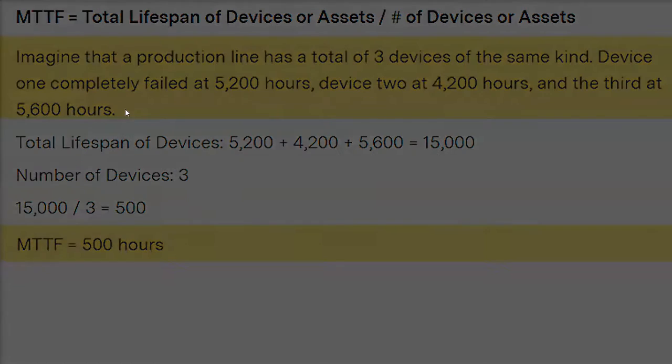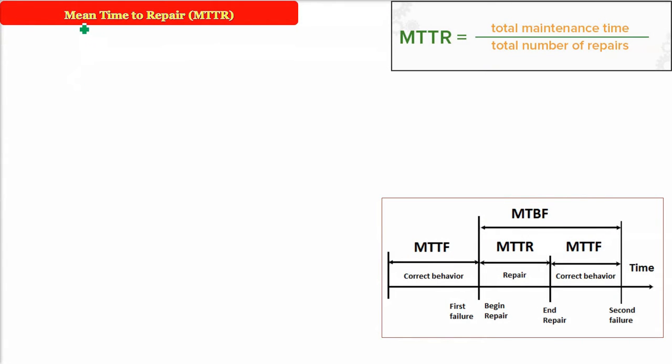Mean time to repair, MTTR. Mean is average. So whatever values come, we have to take the average. We'll add them and divide by the number of counts. So time to repair is, if something fails, how much time it will take to repair it.